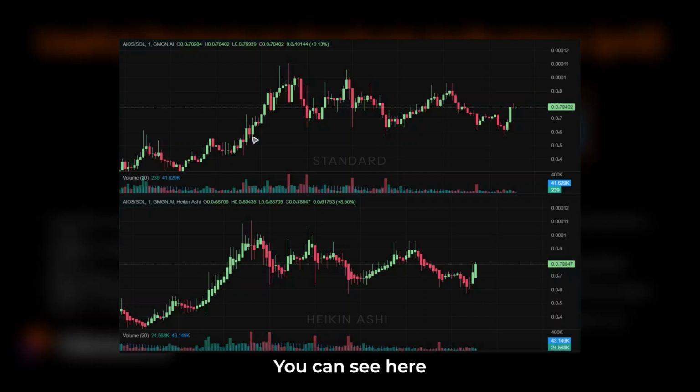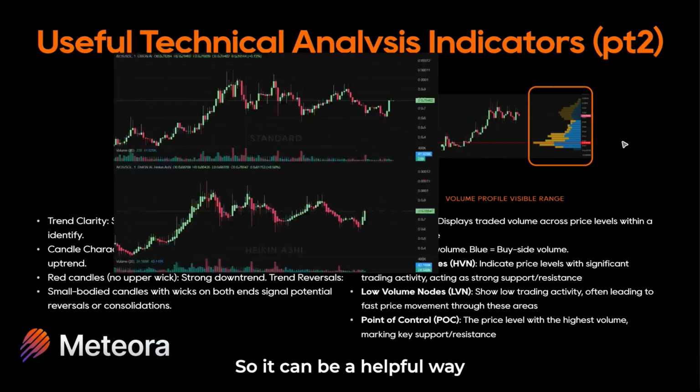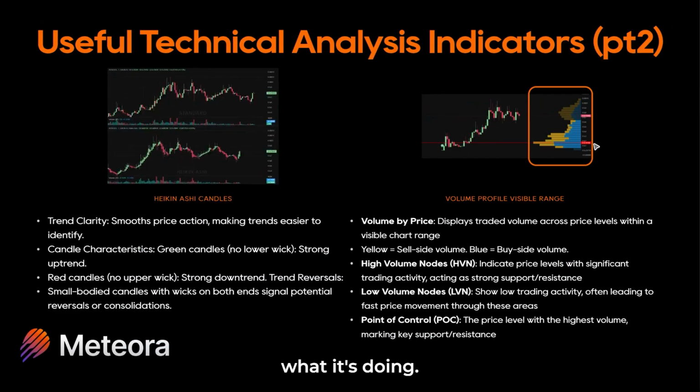You can see here with all these little red cells and these extra wicks, this trims it off. You can see this is a trend up, and same with the down. Especially if there are no wicks, that's really giving you an indicator this is selling off. You see in this top one here, we've got a little bit of buy, but the trend is still down. So it can be a helpful way to gauge what it's doing.